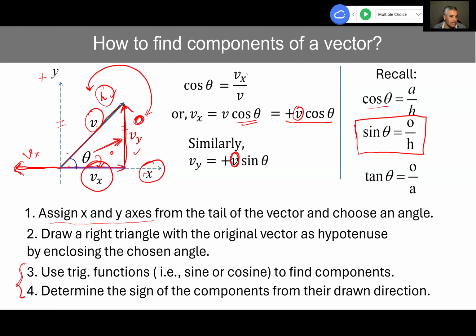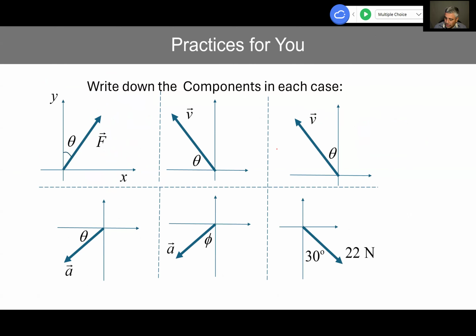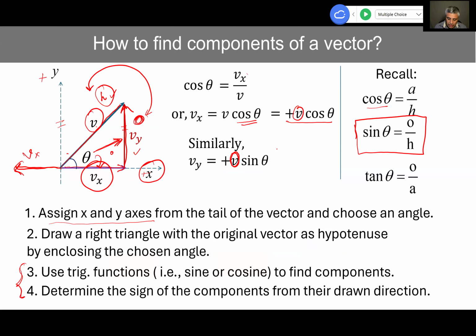So there is a question: is it not positive Vy sine theta? It's not Vy. See, just like there is no Vx here, there is no Vy here. Vx is the name of the component. What's its value? The given vector, the original vector v, times cosine.